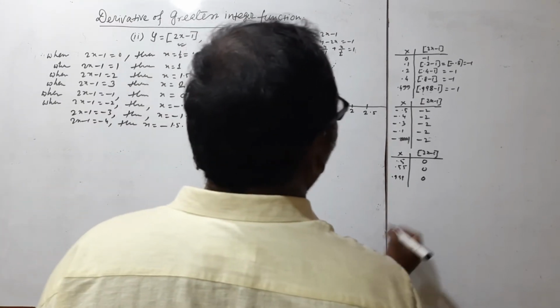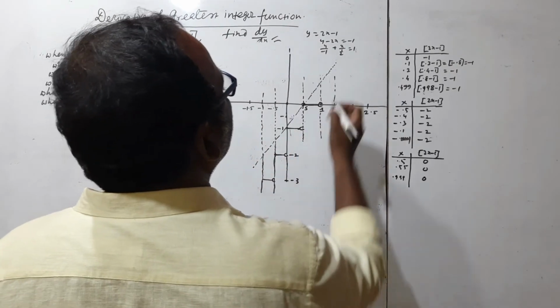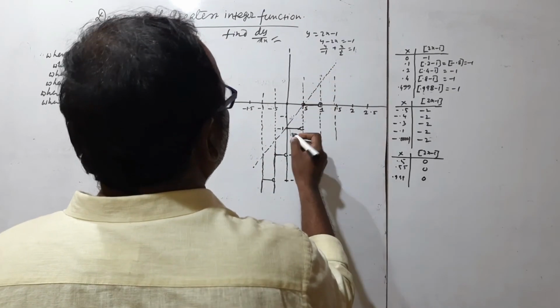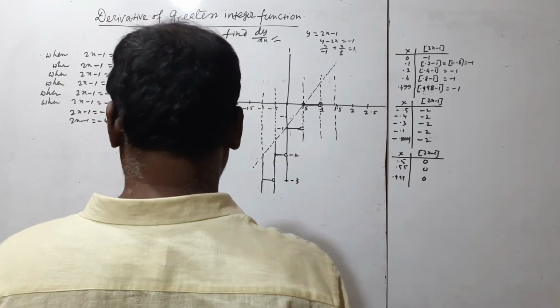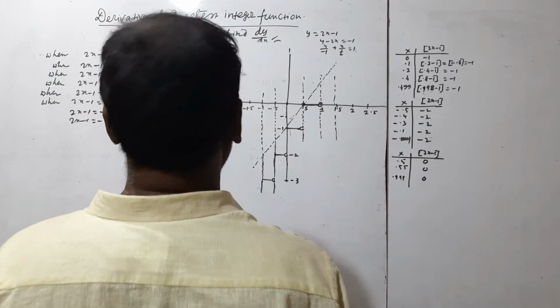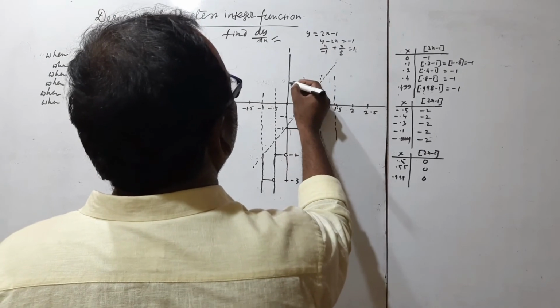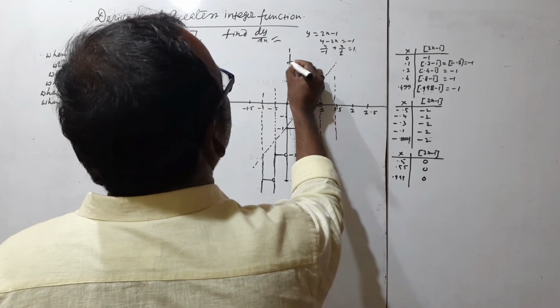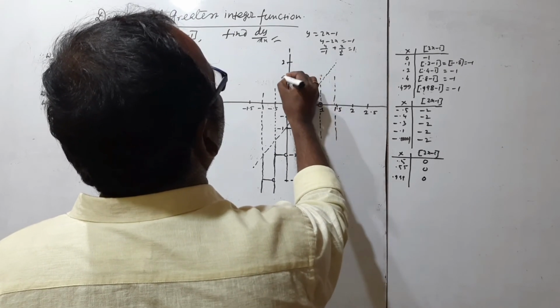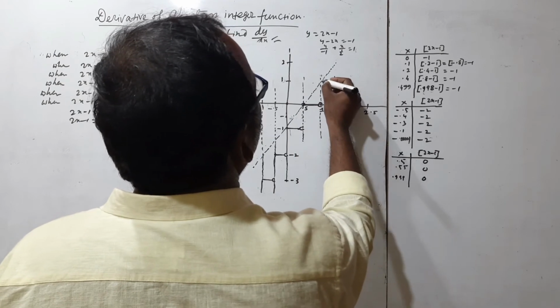Same as this is 1, minus 2, minus 3, 1, 2.